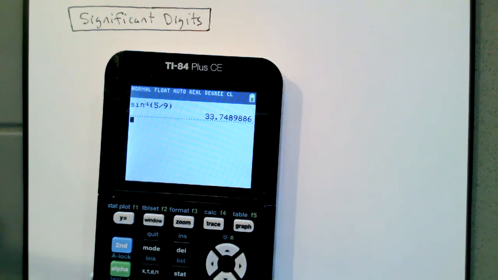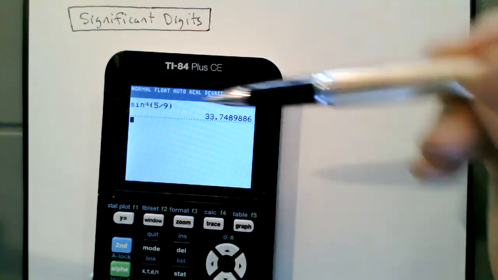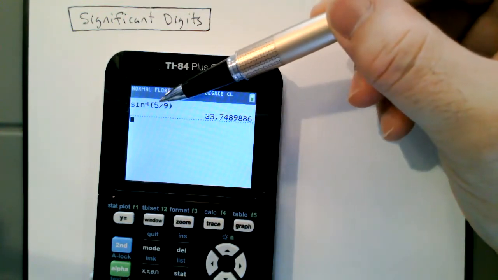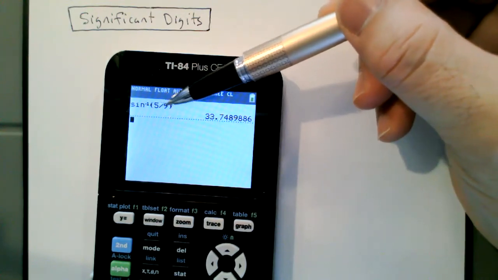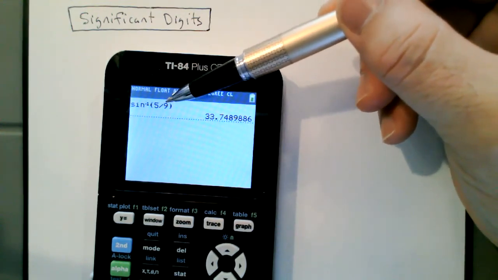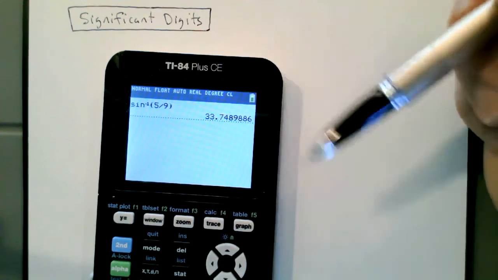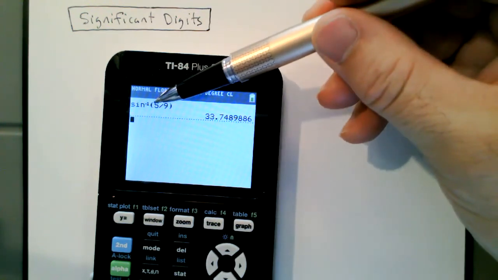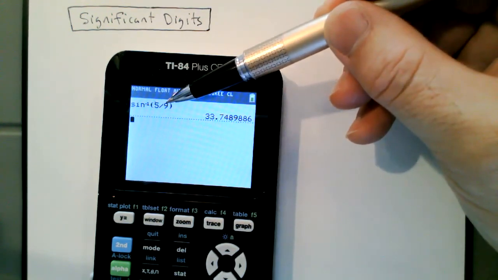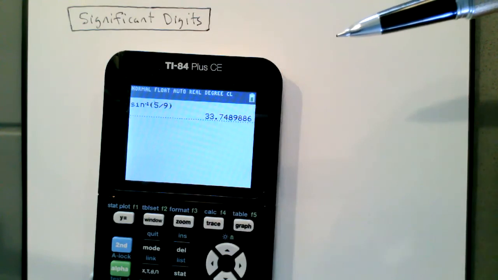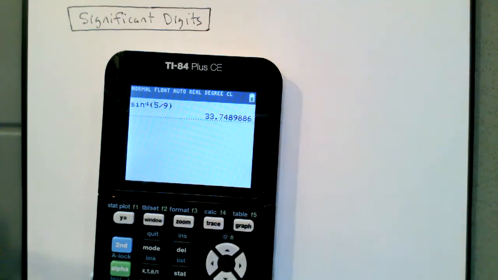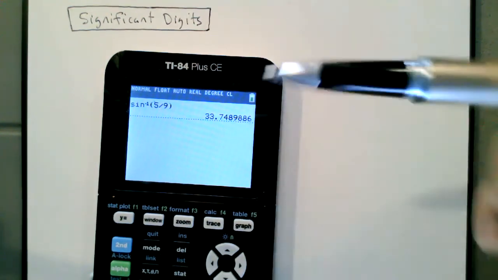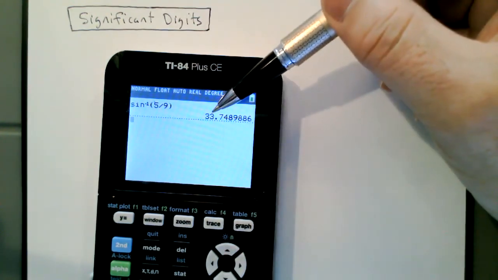That is way more precise considering all we have is a 5 and a 9. We got one digit in these 5s and 9s. It doesn't make sense to use this many digits to represent the angle, especially if we went out and measured something that was 5 centimeters long and the other thing that was 9 centimeters long. It probably only makes sense to say it's about a 30-degree angle.